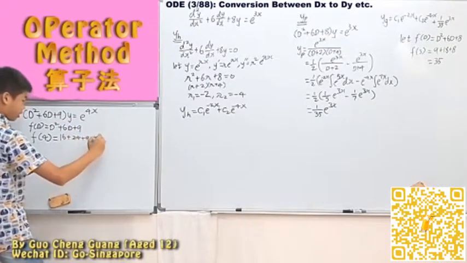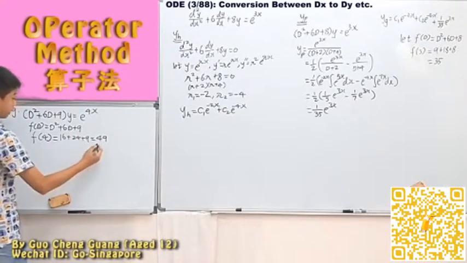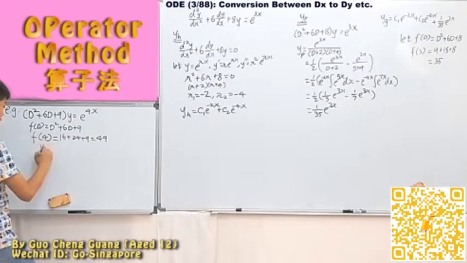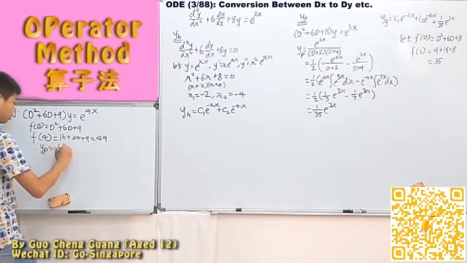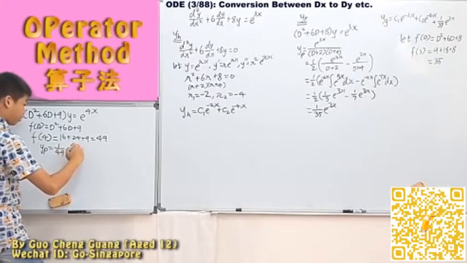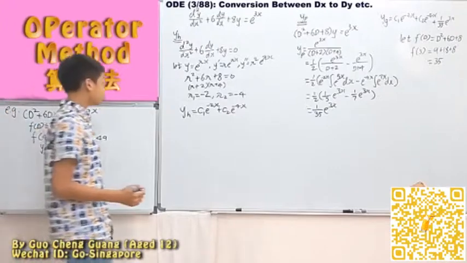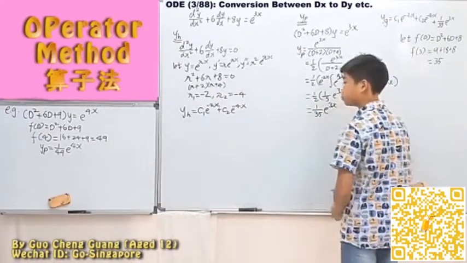So here you get 40, there you get 49. So here you directly get this, and that means your y particular solution will be 1 over 49 e to the power of 4x.